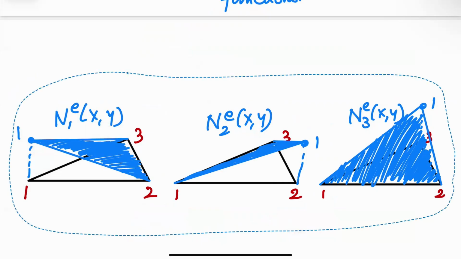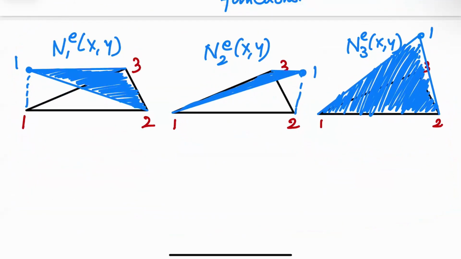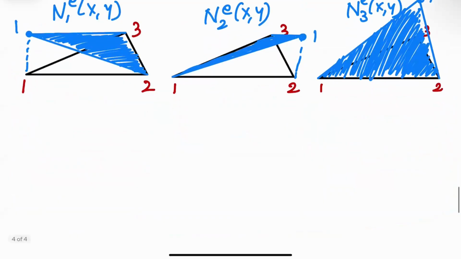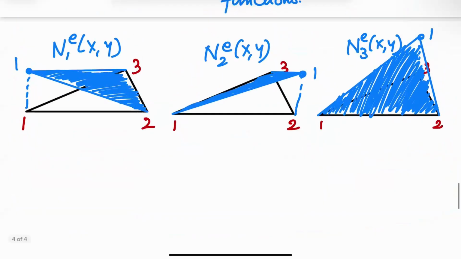So let me actually move this up a little bit. Okay. So the rest of it is now computation, right? Another thing to keep in mind is that at this edge, the contribution only comes from this node and this node.